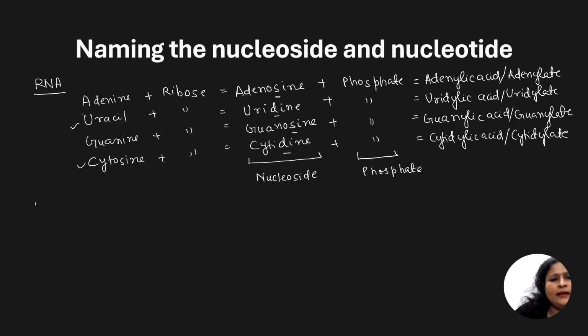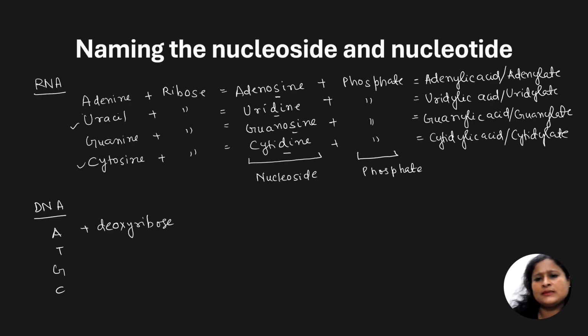In case of DNA, we will have A, T, G, and C. And the sugar will be deoxyribose. This is the nucleotide.